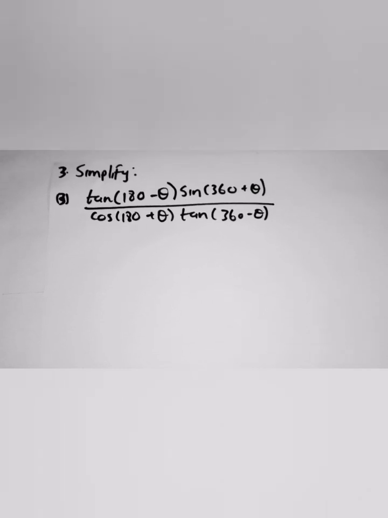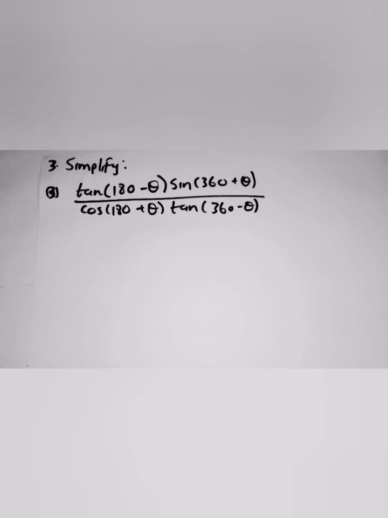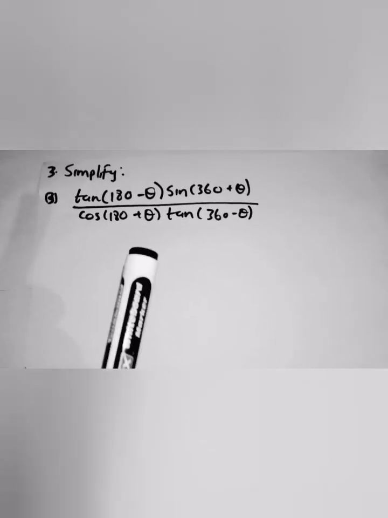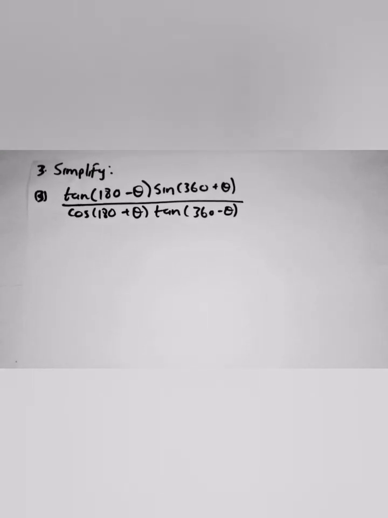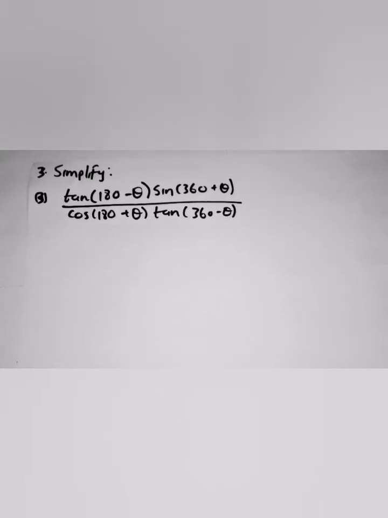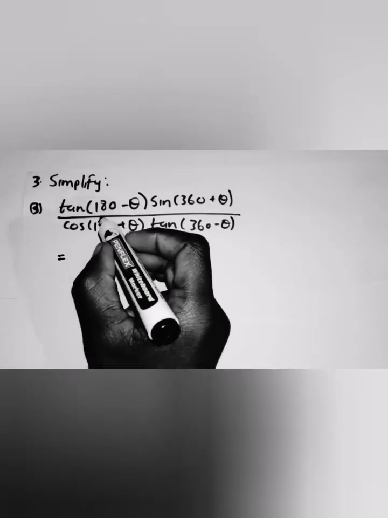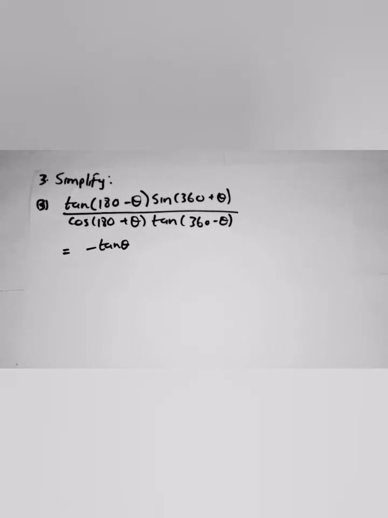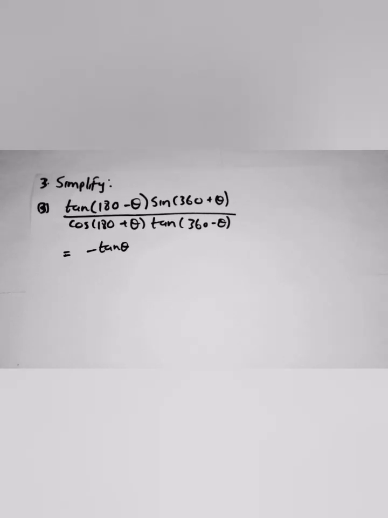Now they say simplify what you see there. The first thing for you to do is what we were doing all along, closing what? The trig ratio, focus on the brackets. Now there 180 minus, it's in the second quadrant, and we know that tan in the second quadrant is what? It is negative. Then we'll have negative tan of theta multiplied by sine 360 plus, on the first quadrant.